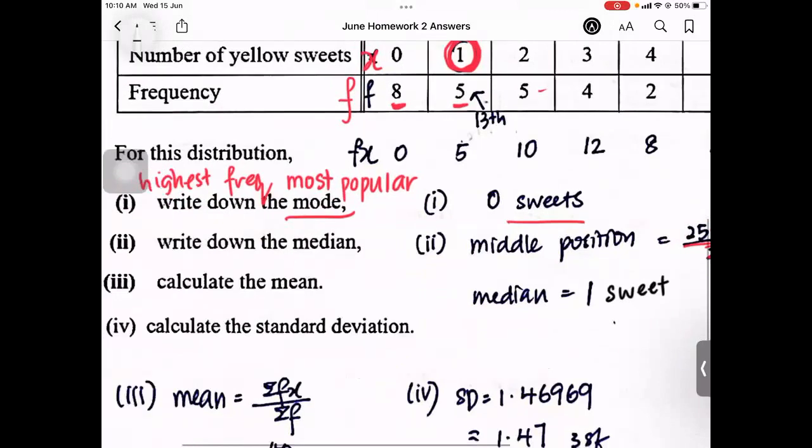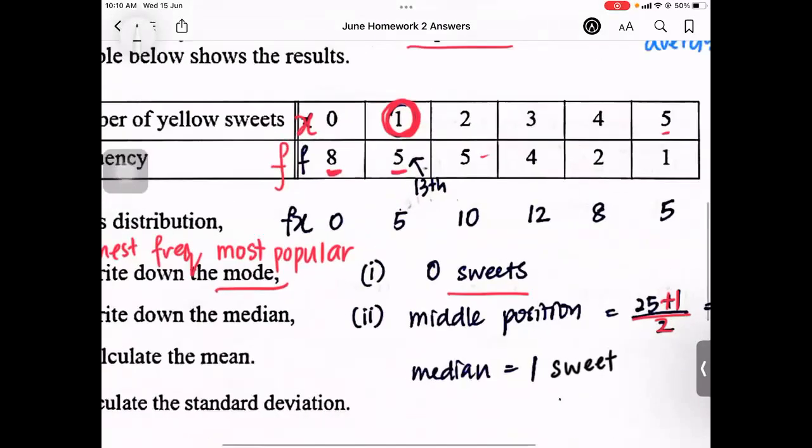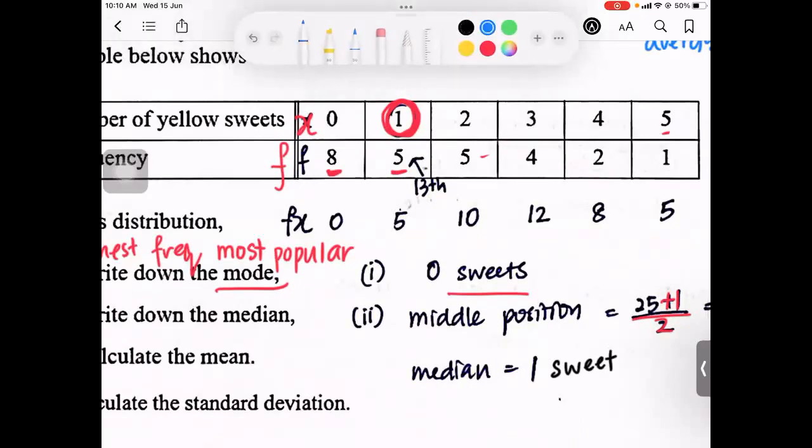Then next one, calculate the mean. How do you find the mean? Summation f times x, frequency times data value. So I'm going to go through it one time. 8 times 0, 0. 5 times 1, 5. 5 times 2, 10. 4 times 3, 12. 2 times 4, 8. 1 times 5, 5.